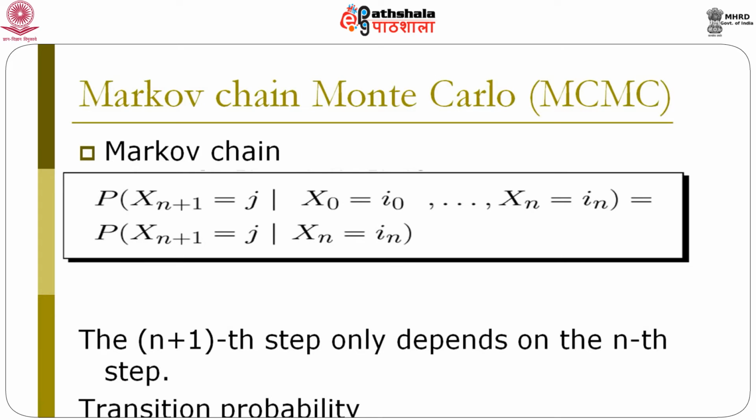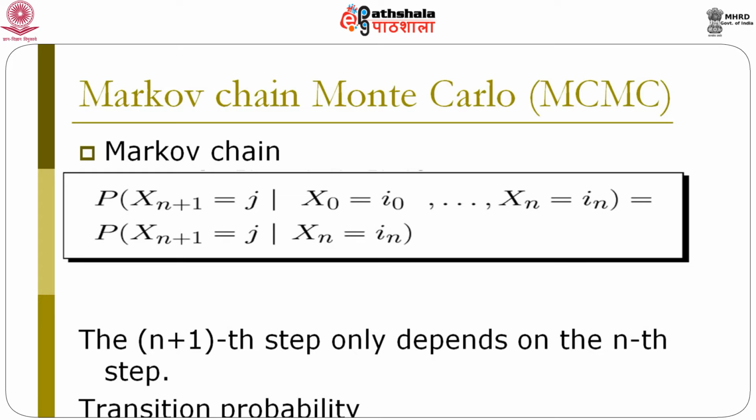This starts from the Markov chain Monte Carlo concept. Now, what is a Markov chain? A Markov chain is one where the probability that X_{n+1} equals j given X_0 equals i_0, and so on, X_n equals i_n, is essentially the probability that X_{n+1} equals j given X_n equals i_n.